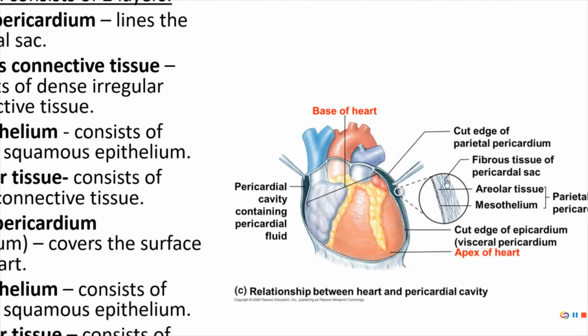Now, we have our fibrous connective tissue layer. There is the mesothelium, and the mesothelium is the simple squamous epithelium that lines the inside of the parietal pericardium, but also lines the inside of the visceral pericardium as well. And what's going to happen is there's a space between those, and hence mesothelium. Why is it called mesothelium?